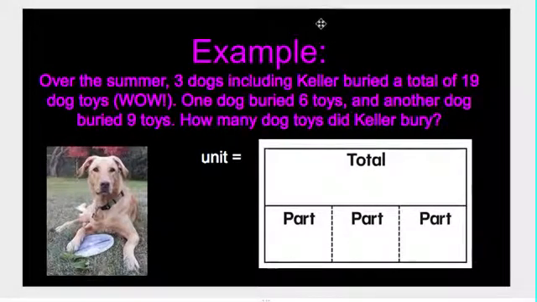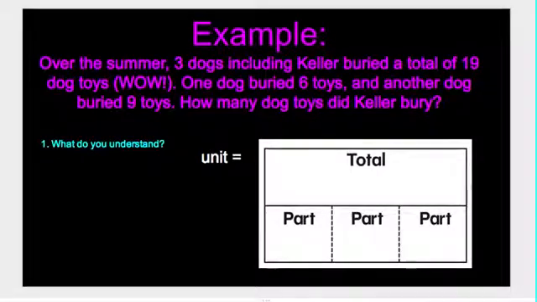Okay, so let's take a look at our problem again. Over the summer, 3 dogs, including Keller, buried a total of 19 dog toys. One dog buried 6 toys and another dog buried 9 toys. How many dog toys did Keller bury? Well, according to our problem-solving steps, the first thing we have to do is ask, what do we understand?